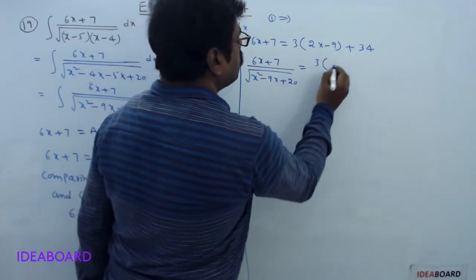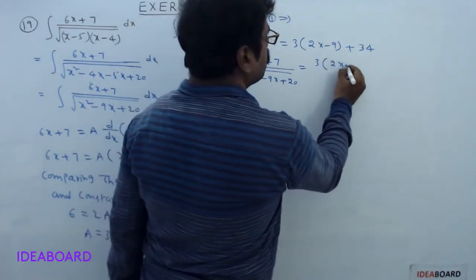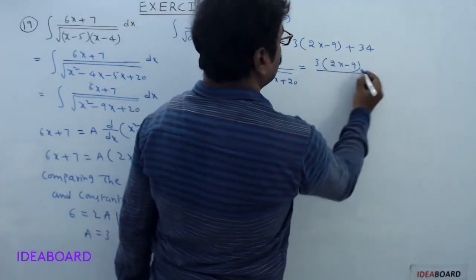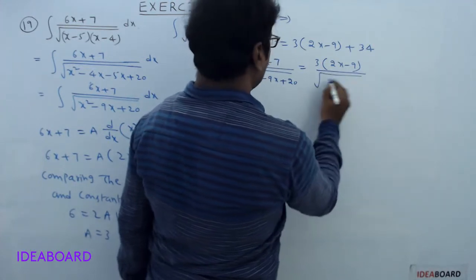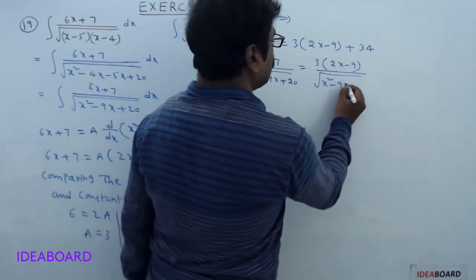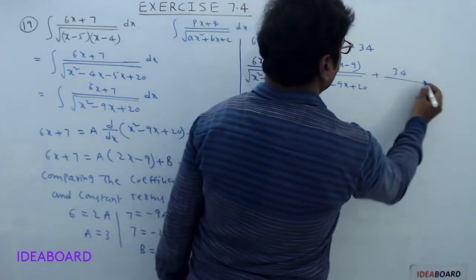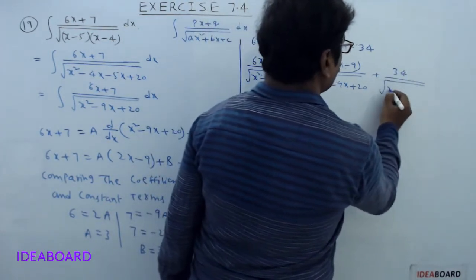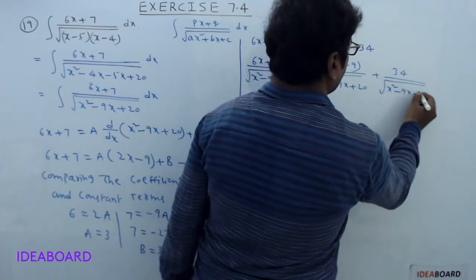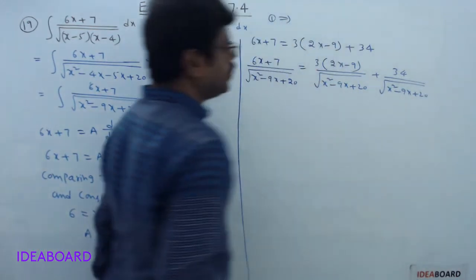Now this is equal to 3 into (2x - 9) divided by the square root of (x² - 9x + 20) plus 34 divided by the square root of (x² - 9x + 20).